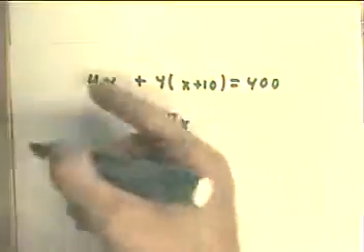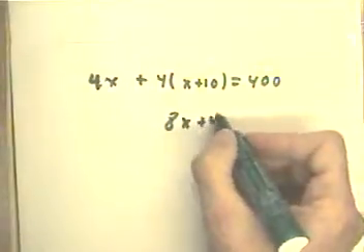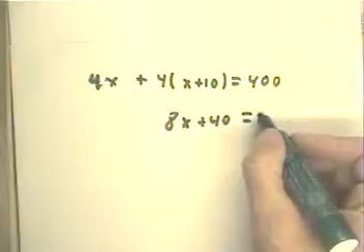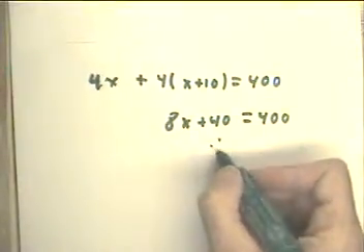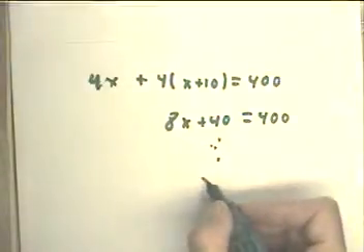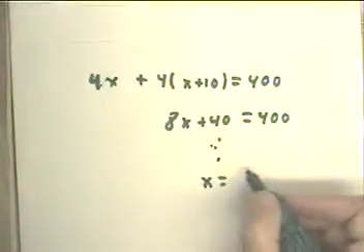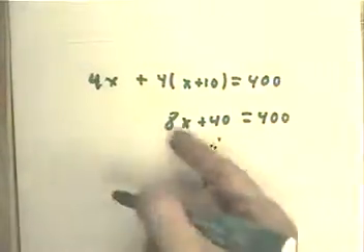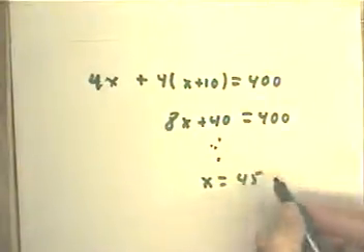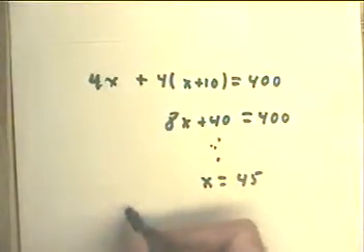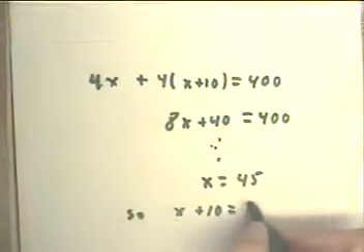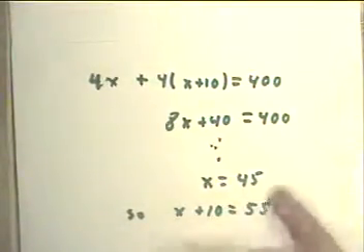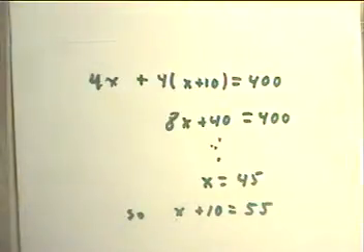You should do this yourself just to check to see that you're doing it right. But 8x plus 40 equals 400. And the solution is very straightforward. We get x equals 40 from 400 is 360, divided by 8 is 45, and that's your speed. So, moving 10 miles an hour faster, the other person is traveling at 55 miles an hour.